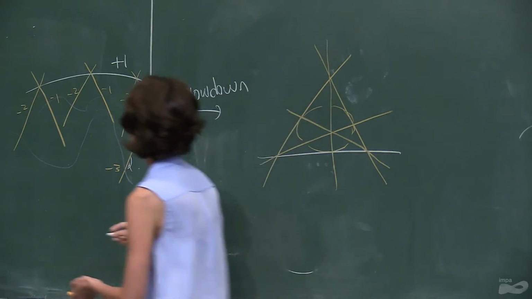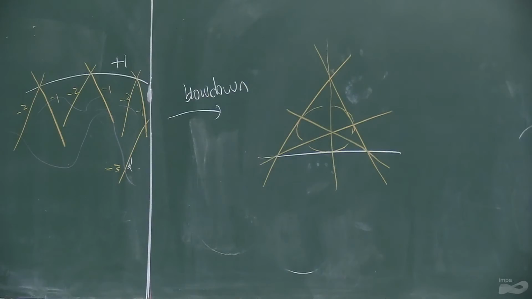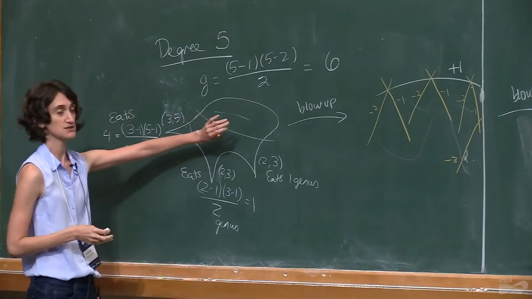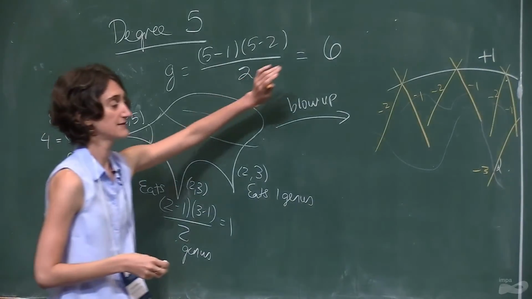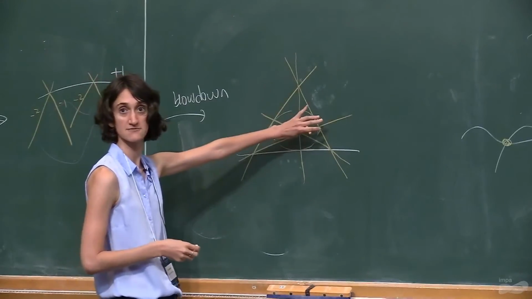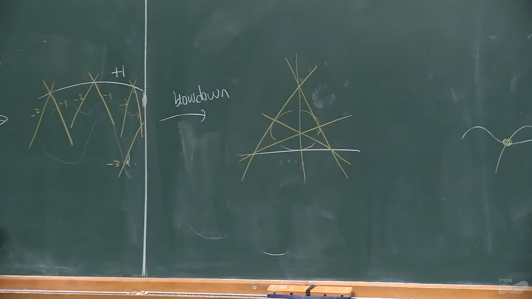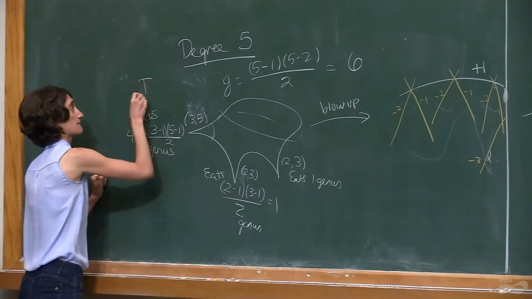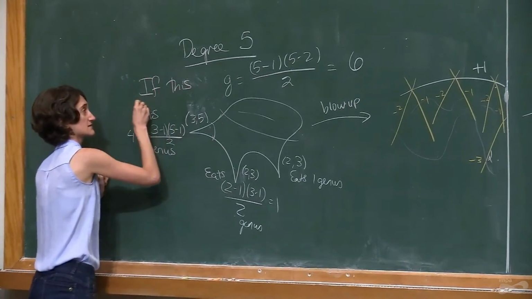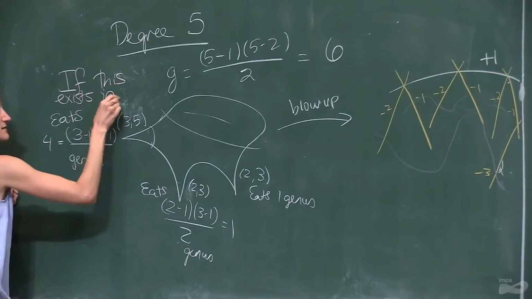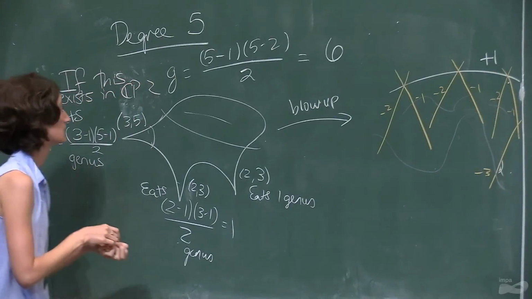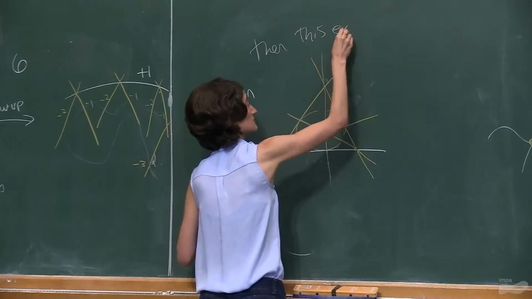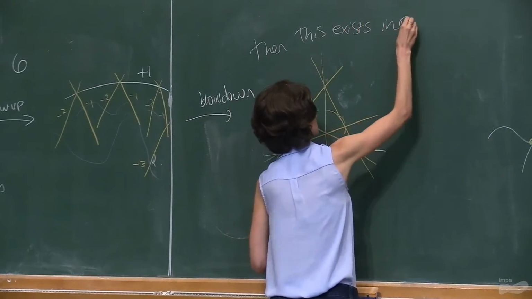So there's a birational transformation which starts with this curve and then implies that this configuration exists in CP2. So if this exists in CP2, then this exists in CP2.